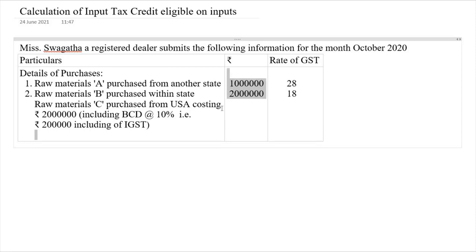So the amount here is rupees 22 lakh 40,000. The rate of GST, here let me write that 28% here. Then the next one 18%. 12%.